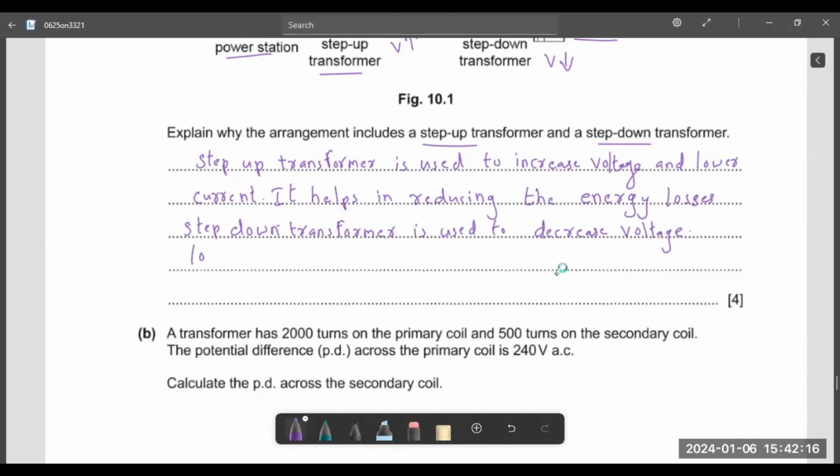Actually, lower voltage is required. Low voltage is required in home appliances.